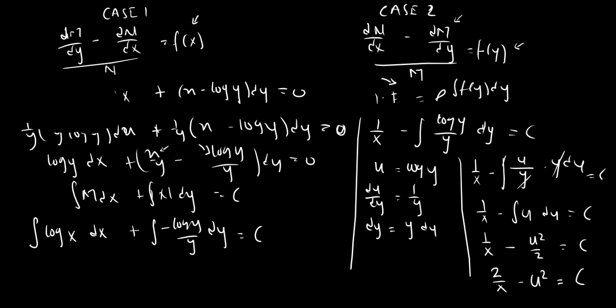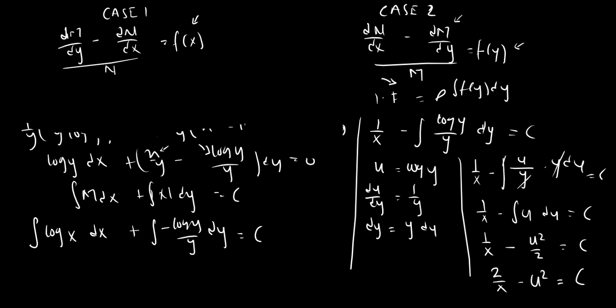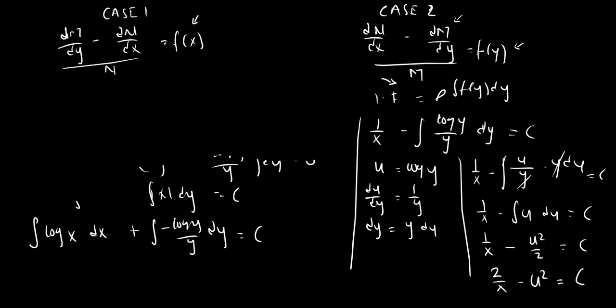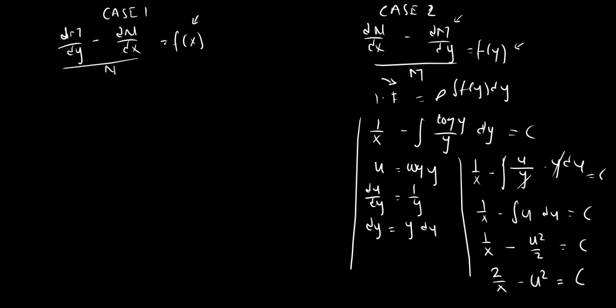Because we know that u is equal to log y. When we were integrating by substitution, we substituted the value of log y to be u, and u was not in the original equation, so we have to substitute it back. So we have 2x log y minus log y, then we have our square, is equal to c, and this is our final answer for this question.